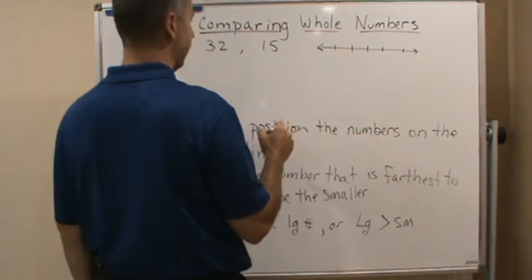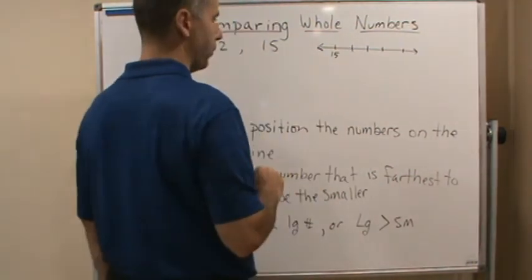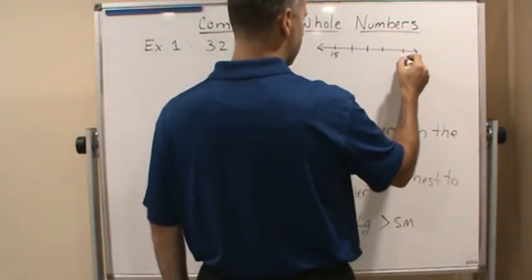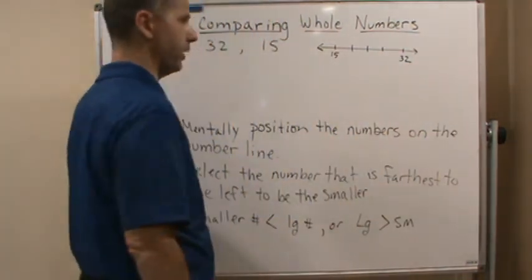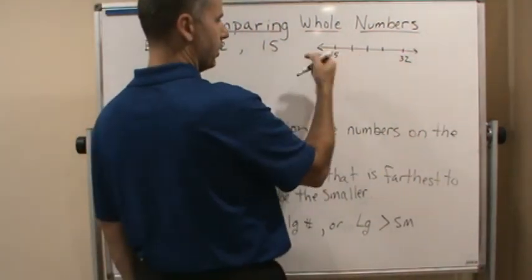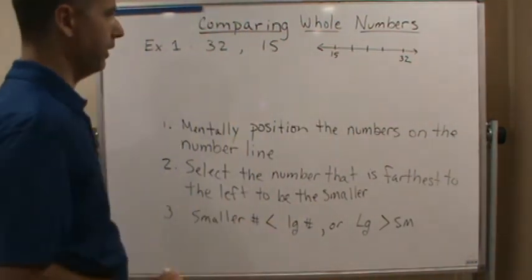Let's say we've got 15 over here somewhere, and then we've got 32 over here somewhere, because remember, 15 is always going to be on the left because it's smaller.